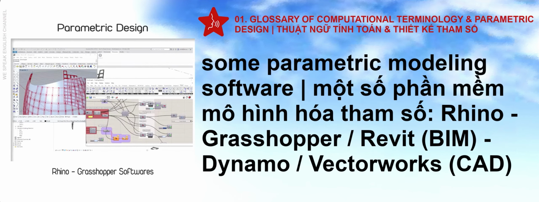Some parametric modeling software, Rhino, Grasshopper, Revit, belong to BIM. Dynamo, Vectorworks, belong to CAD.